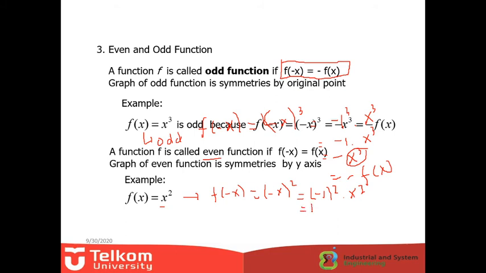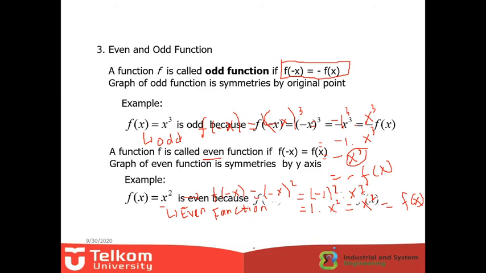So 1 times x squared equals x squared, and x squared is equal to f of x. Since f of minus x equals f of x, we call this an even function.